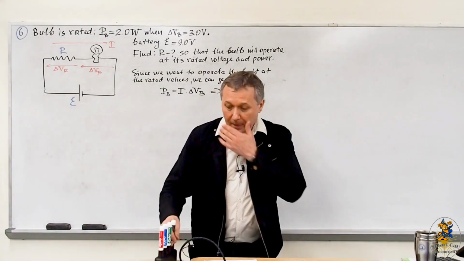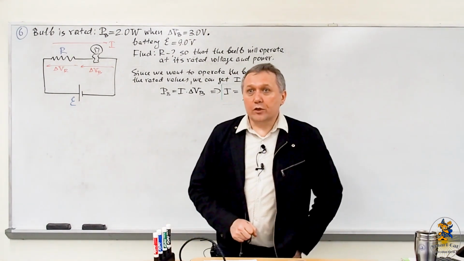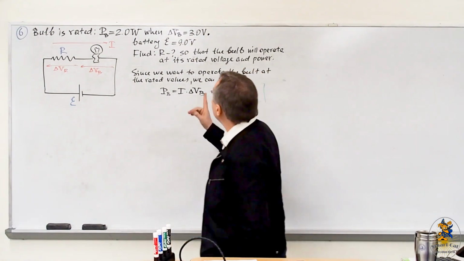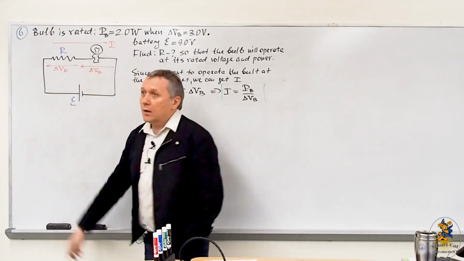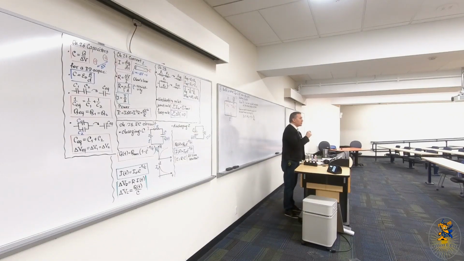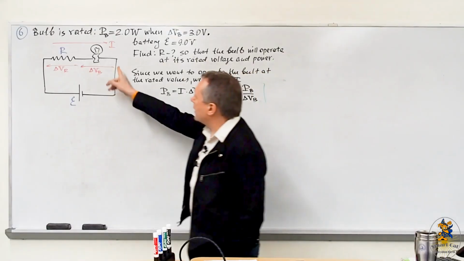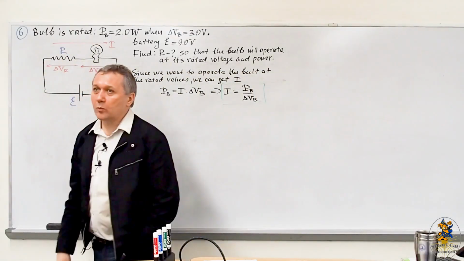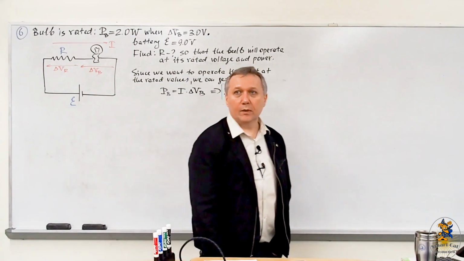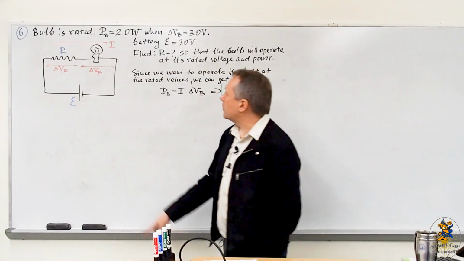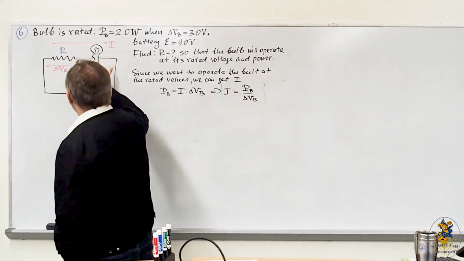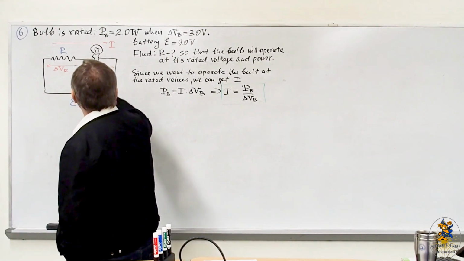Now, let's apply. What do we have to find? R. We need to find R. Let's try to use Kirchhoff rules in order to combine all these elements in one equation, hoping that it might help. Plus we know the current, and the EMF is given, right?